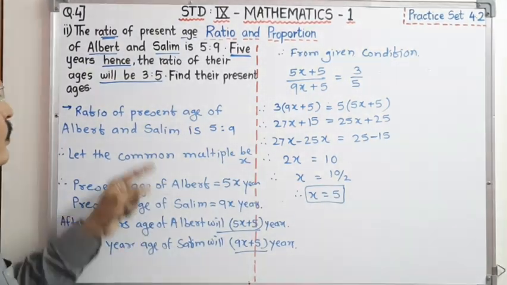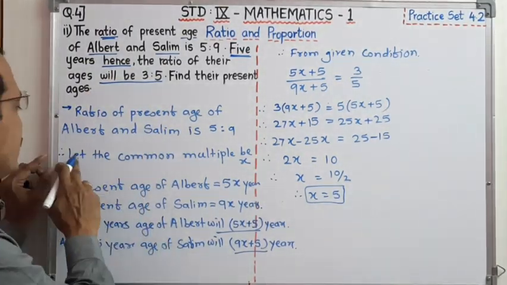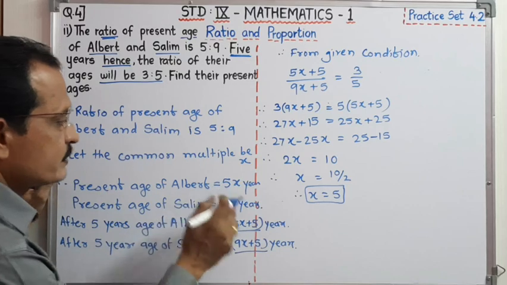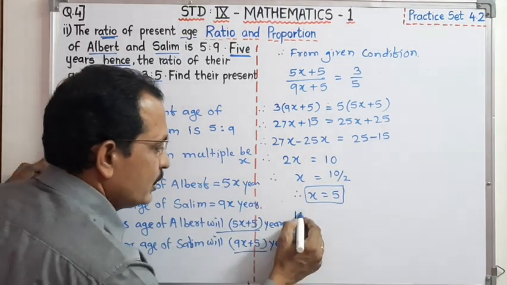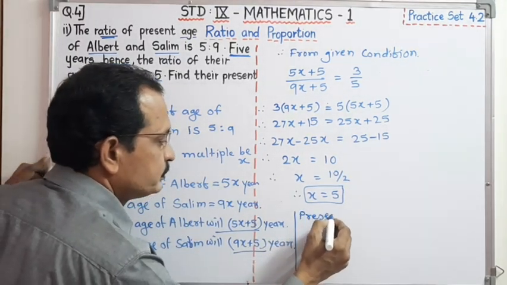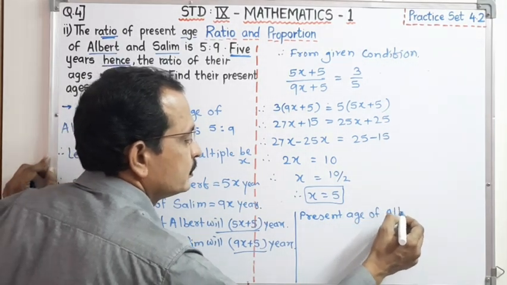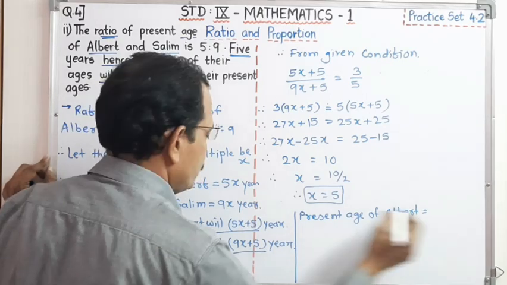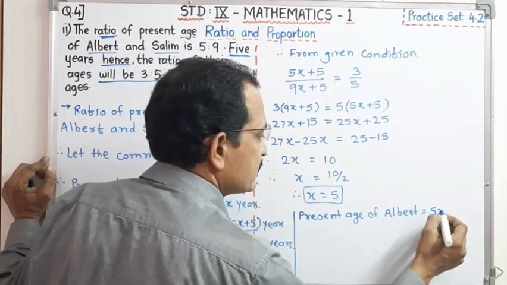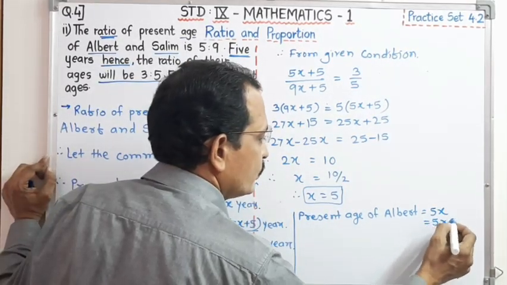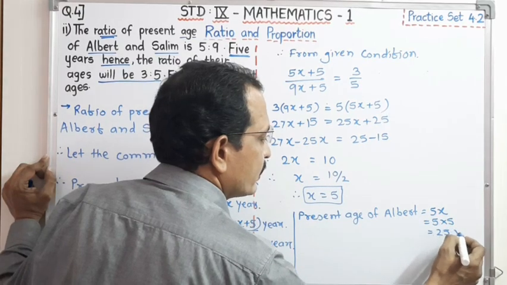Now we have to find out the present ages. The present age of Albert is 5x, which is 5 into 5 is equal to 25 years.